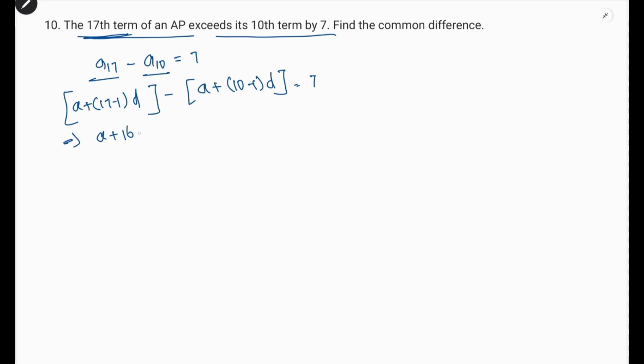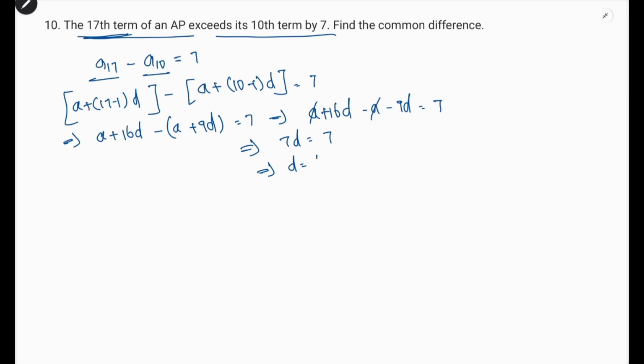Here a plus 16d minus a plus 9d is equal to 7. We get a plus 16d minus a minus 9d is equal to 7. a and minus a gets cancelled. We get 16d minus 9d is 7d is equal to 7. Here we get d is equal to 1. The common difference is 1. We have to find the common difference. It is 1.